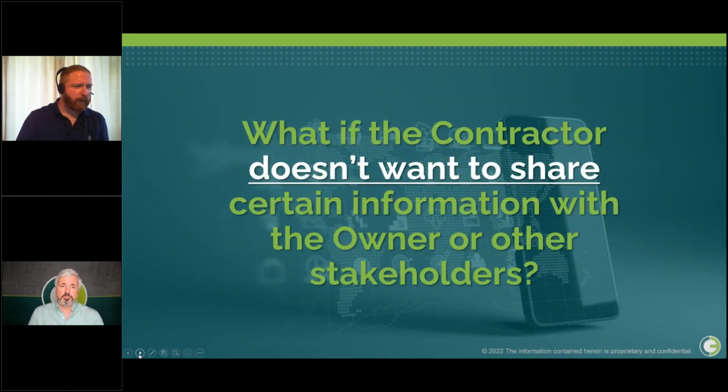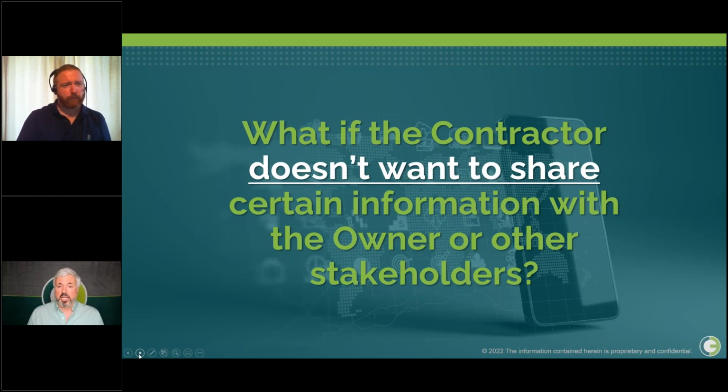Okay. What if the contractor, and I'm sure this is never the case, but in the rare circumstance where the contractor doesn't want to share certain information with the owner or other stakeholders, for example? Yeah, there will always be elements of the execution process that a contractor will want to keep to themselves.